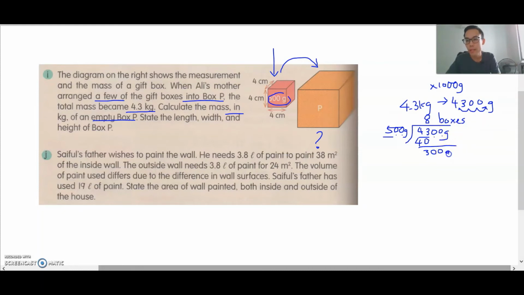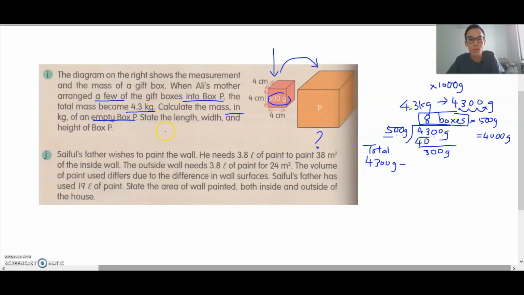Okay, so the total weight again is 4300 gram. We minus the 8 boxes of the gift boxes. 8 boxes times 500 gram is 4000 gram. Okay, 8 times 5 is 40. So the total weight, this is the total, yeah.